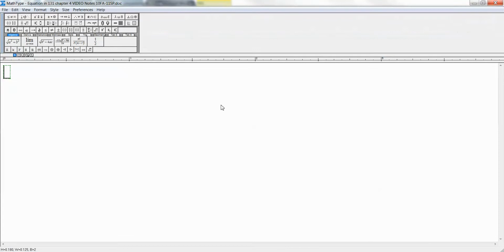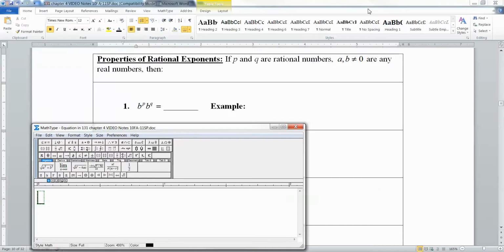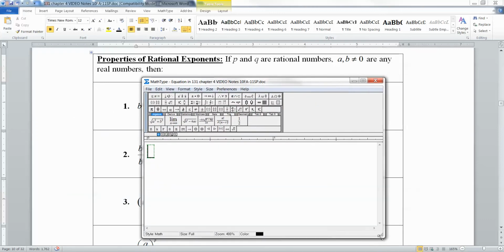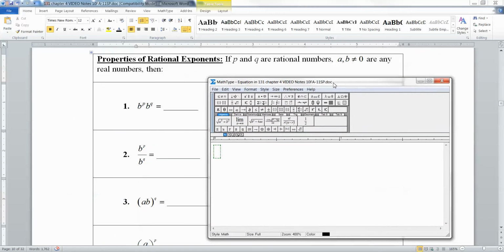Okay, so suppose you have b to a power times b to another power, and they're rational, they're fractions. So if you look up above, it says that p and q are fractions. Let me give you an example. Suppose I have x to the 1/3 times x to the 4/3.